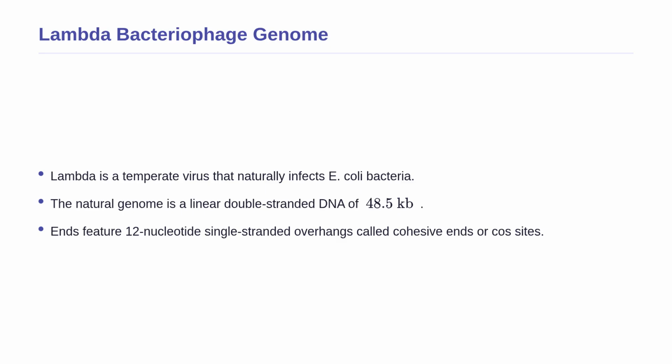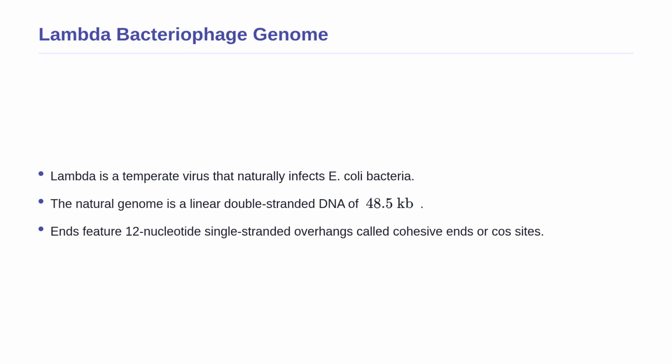Building on this idea of a biological syringe, let us examine what exactly is inside the Lambda bacteriophage. It is a temperate virus that naturally infects E. coli bacteria. Its natural genome consists of a linear, double-stranded DNA molecule that is about 48.5 kilobases in length.